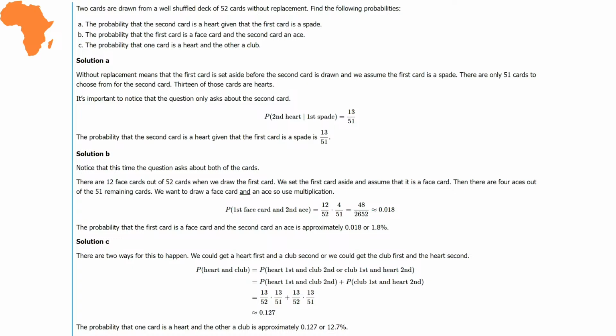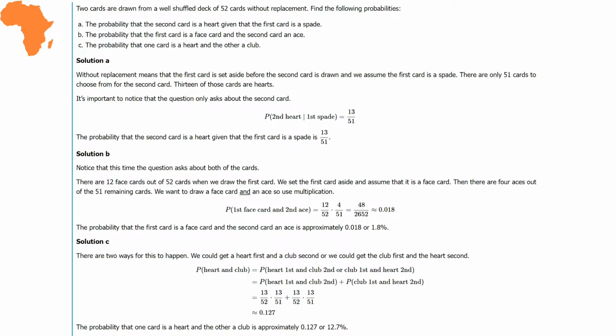We want to draw a face card and an ace, so multiplication. You remember? 12 over 52, because we have 12 face cards, 4 aces over 51, because we took one aside. So, the first one was a full deck, the second one we put it aside. So it's 48 over that, approximately 1.8. We are good up to there? You see how we are reasoning in terms of how we do the calculations?